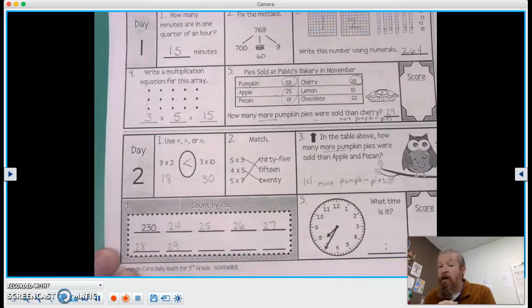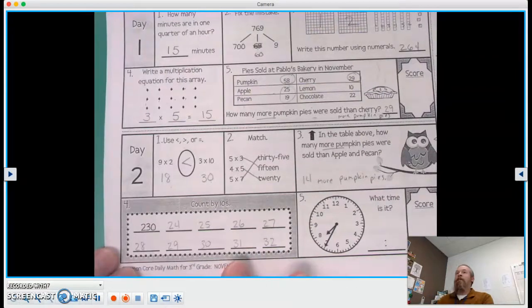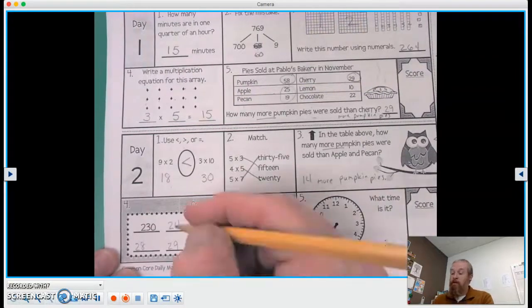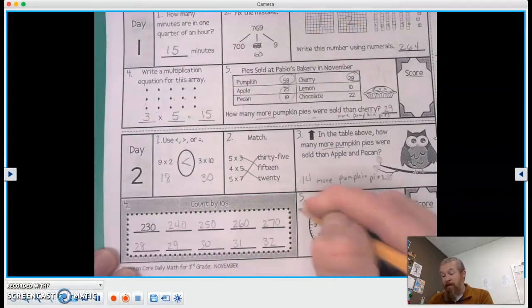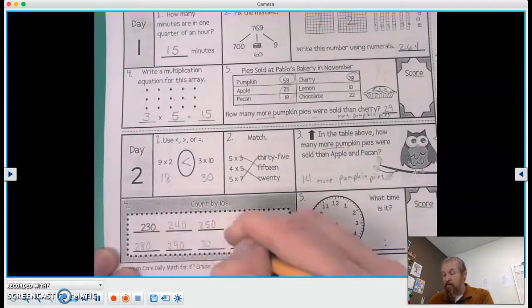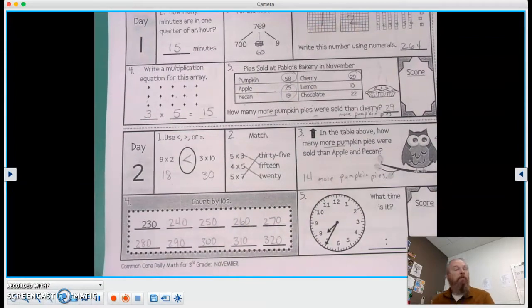Did you get it? Yep. 30, 31, and 32. But that's not right yet. We still have to put a 0 in there, because we're really counting by tens, not by ones. We're counting by 10s, really, right? So 230, 240, 250, 260, and so on.